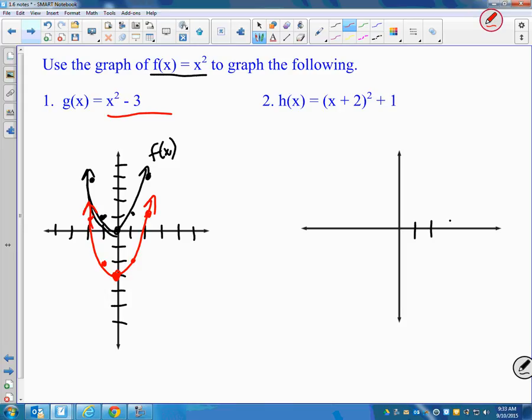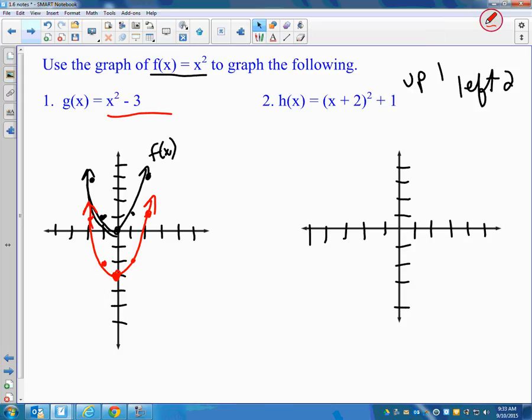So what's happening in number 2 here? What's the shift? Up 1, left 2. So again, I'm not going to graph the original on this one.